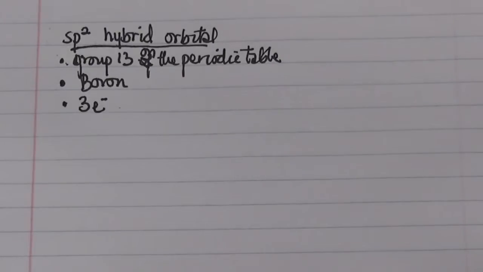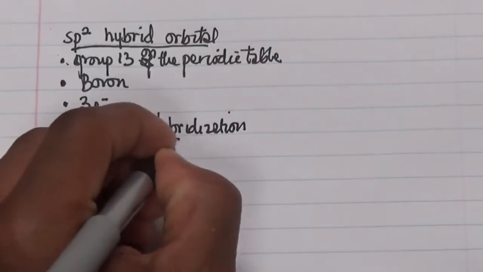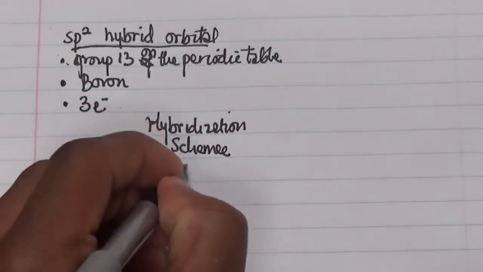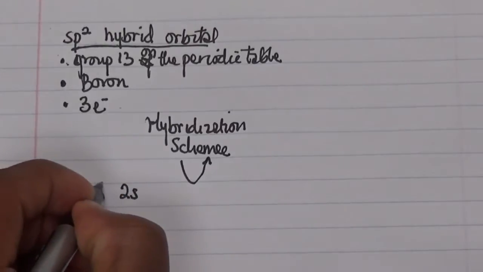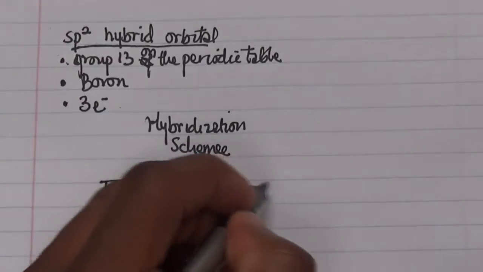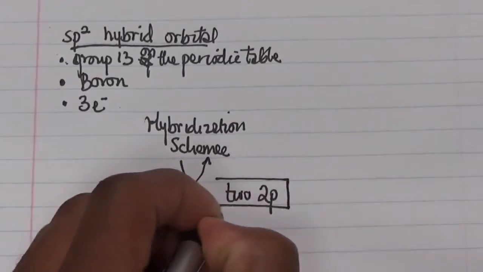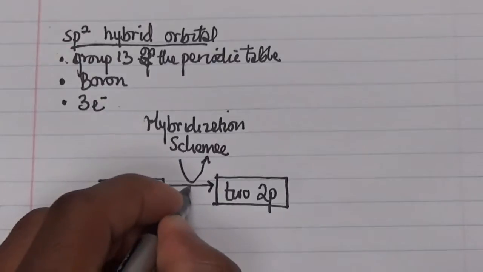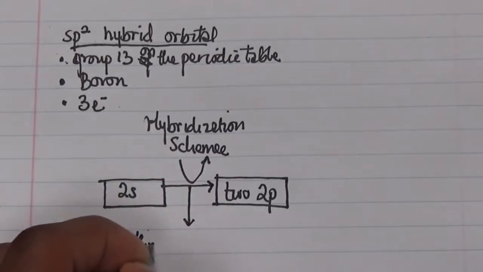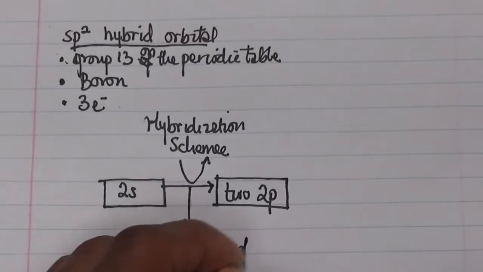So therefore, the hybridization scheme combines the 2s orbital of boron and the 2p orbitals of the same boron, combines them together in order to form 3 sp2 hybridized orbitals.